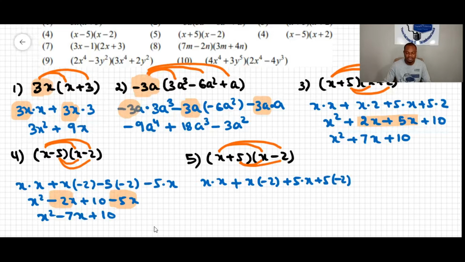And then x times x makes x squared, x times -2 makes -2x, 5 times x makes positive 5x, and then 5 times -2 makes -10. And then we have like terms here, we can combine them, and this will make x squared plus 3x minus 10.